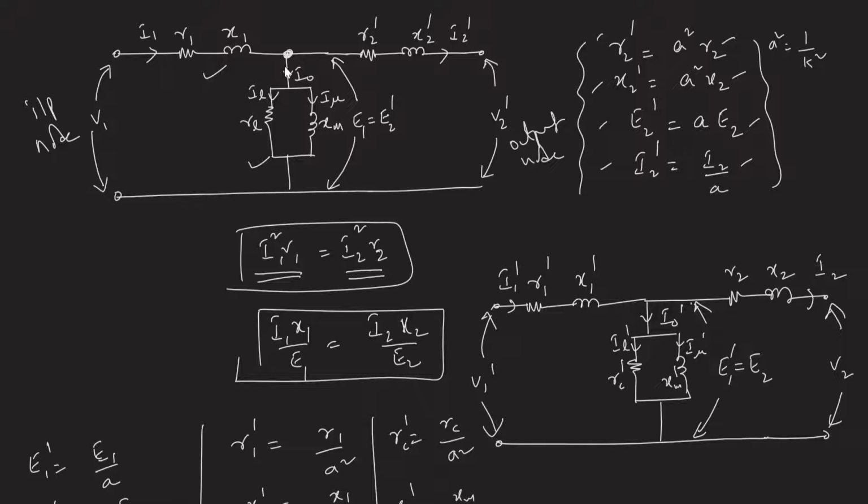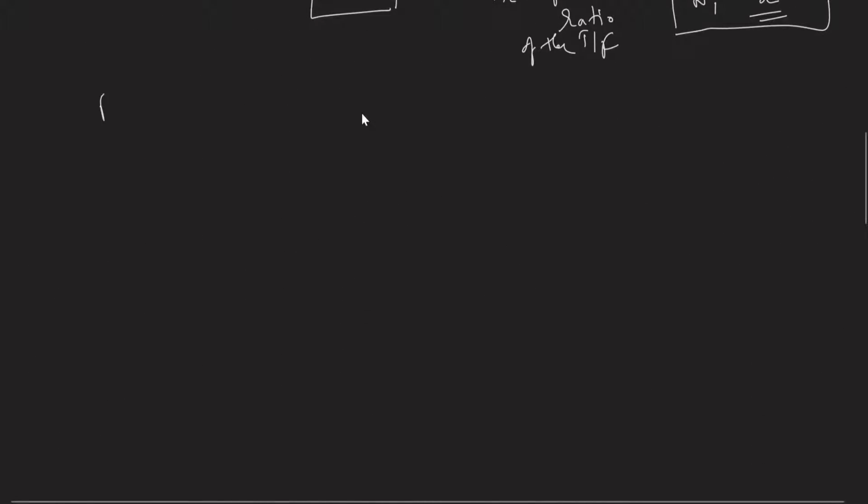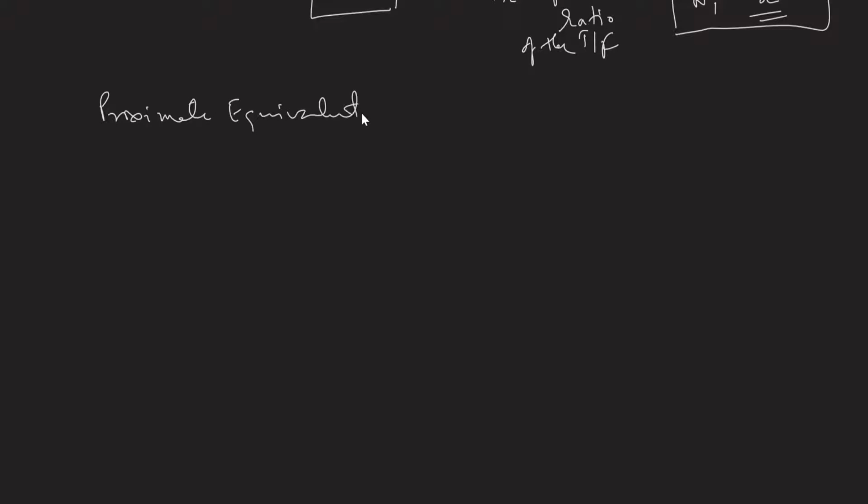So that is why what they do is shift this T limb to the input side node, right? So we can draw the approximate equivalent circuit something like this.